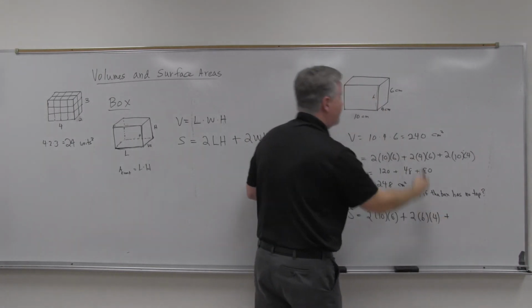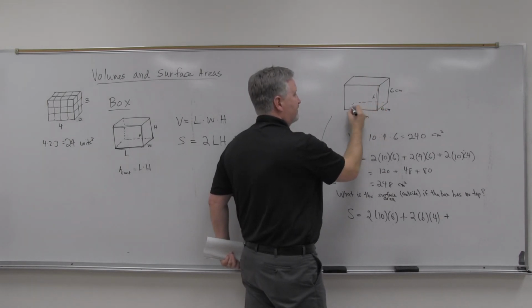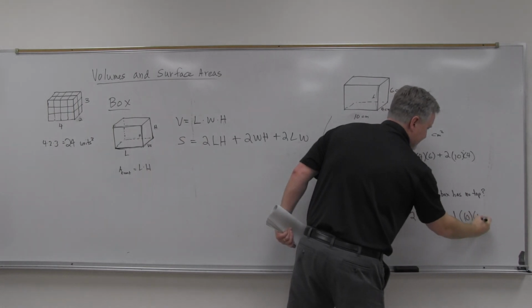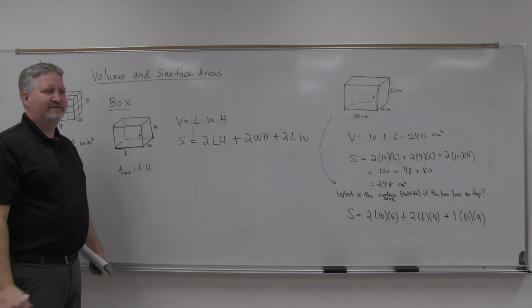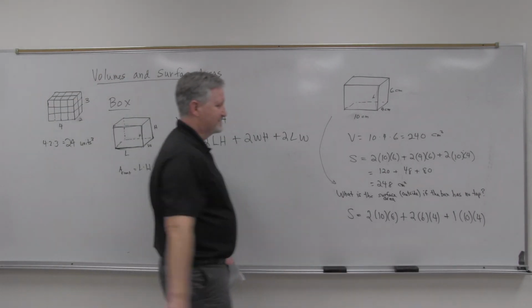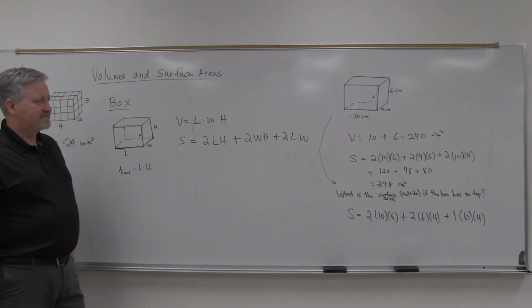But I don't have a top, so how many of these 10 by 4s do I have? 1. I just have 1. Okay. So there's different ways you can do it, but like I said, I like that one. Definitely shows you understand the formula. Is everybody okay on that?